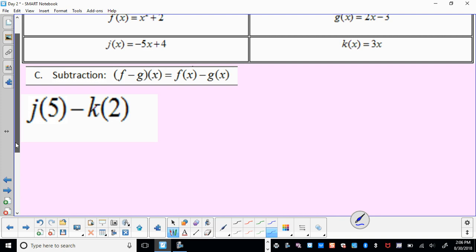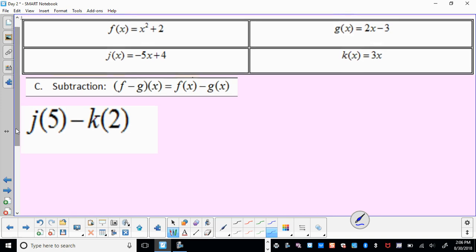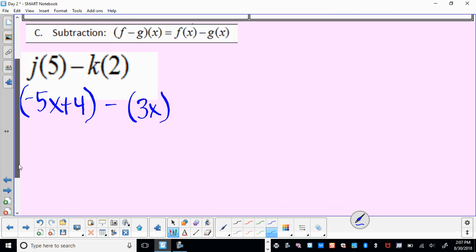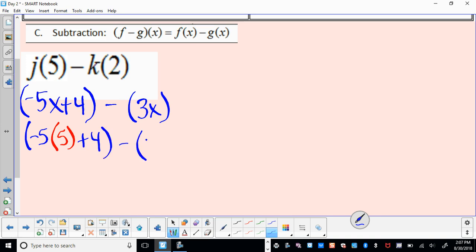Alright, number 7, subtraction. Same thing, we're taking this j function, they want the j function of 5 minus the k function of 2. So my j function is negative 5x plus 4 minus my k function of 3x. Alright, Jordan, in my j function, instead of writing an x, I'm going to write what? And Jasmine, in my k function, instead of x, I'm writing 2.